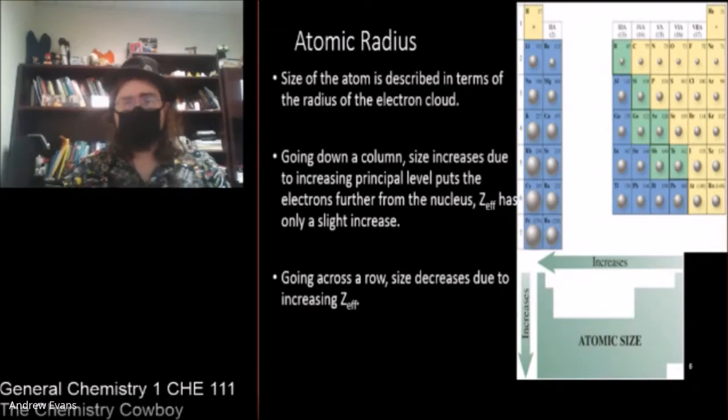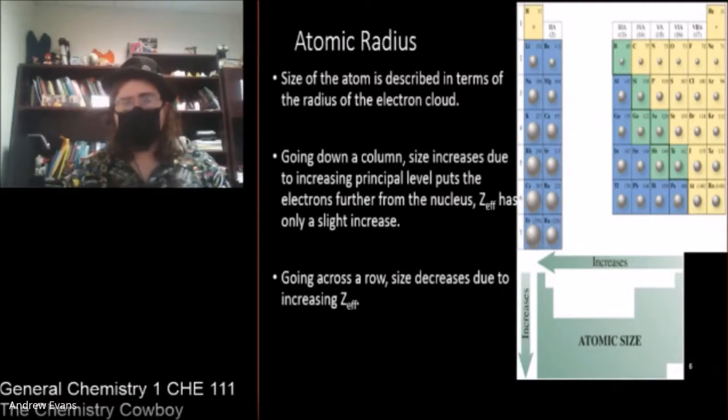When the electrons feel strong nuclear charge, they are pulled tighter and tighter into the nucleus. And that results in a decrease in size as we move from left to right on the periodic table. We see a greater effective nuclear charge, so we see a corresponding decrease in size.